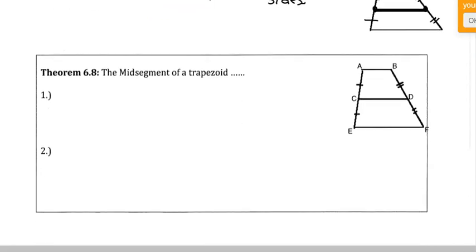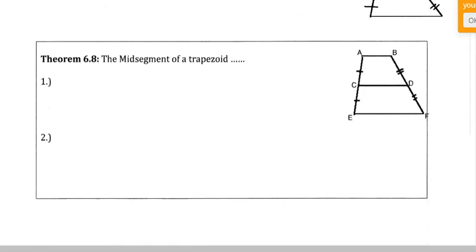Now, if we look at this right here, what is one characteristic that seems to be true? The midsegment seems to be parallel to both bases. Now that we know we have that parallel shenanigans, I can throw in a million things having to do with parallel as little side problems. Other than that, this is weird, because this is like a short side and this is a long side.